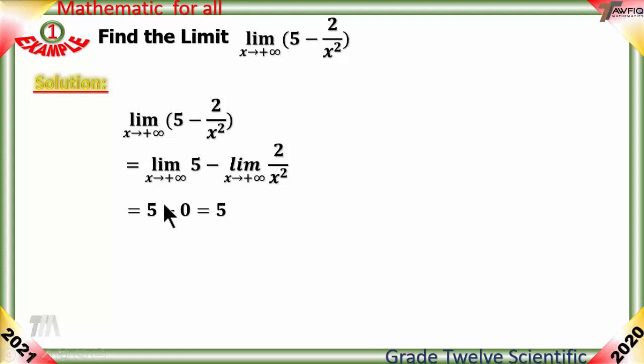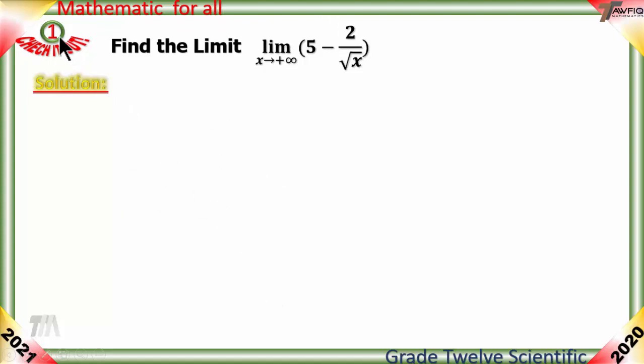The limit of a constant is the constant, and using the theorem the second limit becomes 0, so 5 minus 0 is 5. That means the limit of 5 minus 2 over x squared is equal to 5.